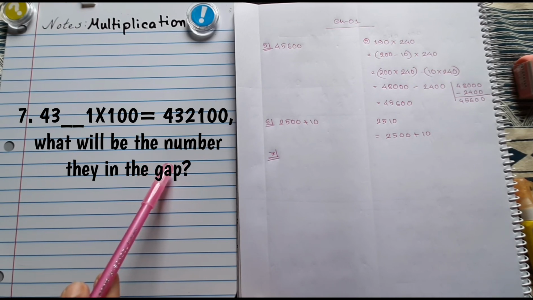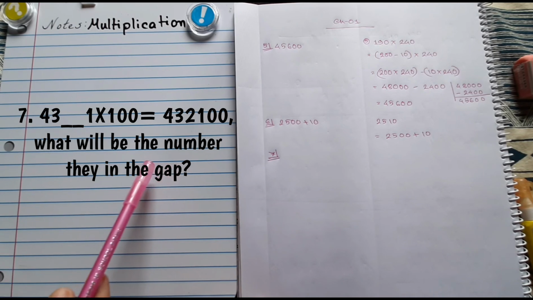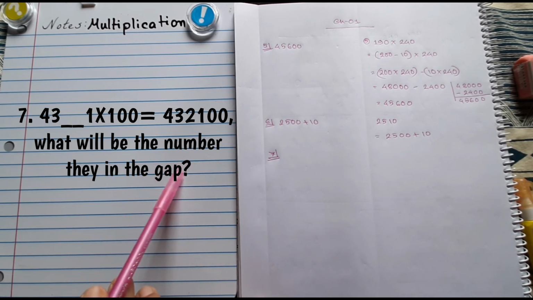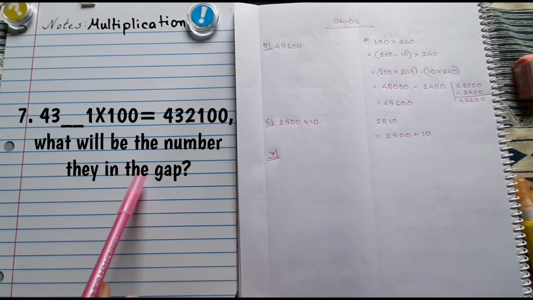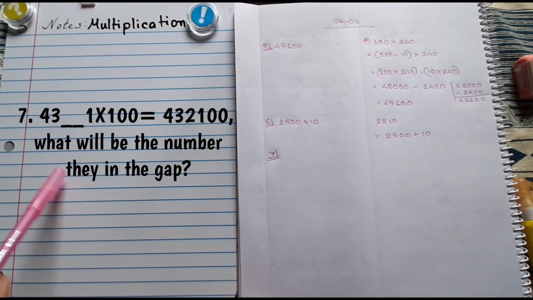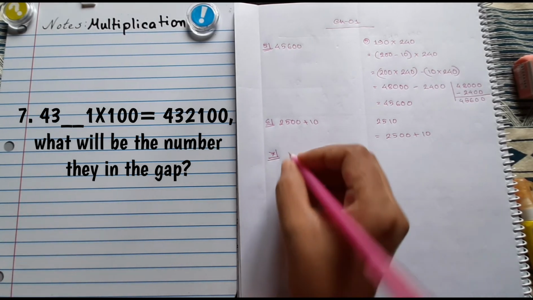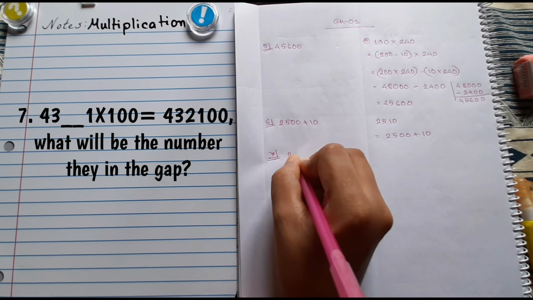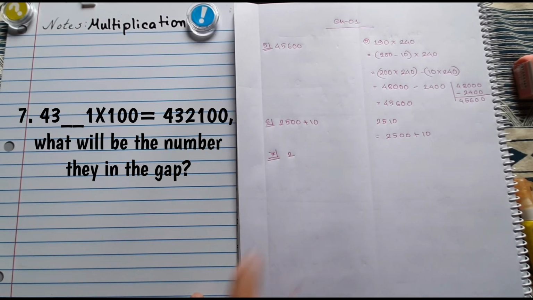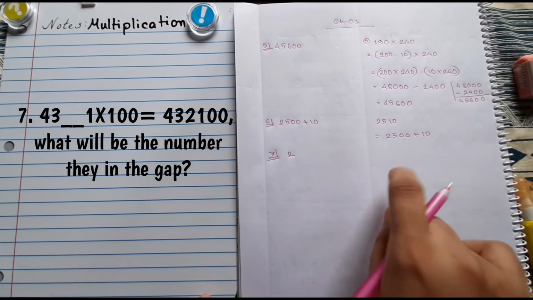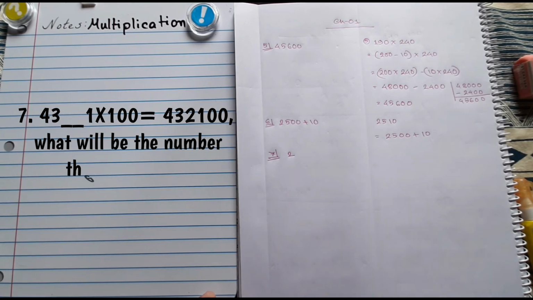Basically, if you multiply any number with 100, then the double zero will be at the end, and the main number is actually 4,321. So you can see in the box there will definitely be 2, right? So your answer, you are just going to write down 2 over here. That's it, nothing more. You don't have to do any math over here, correct?